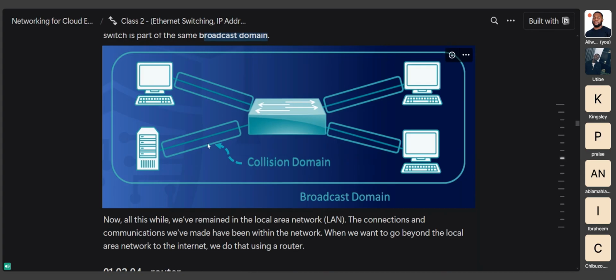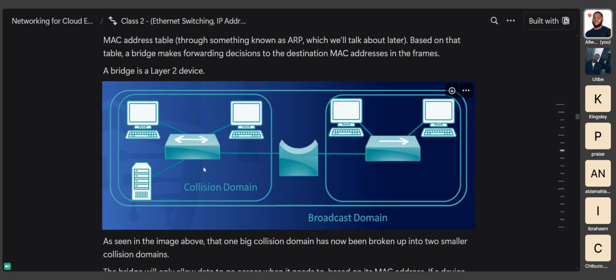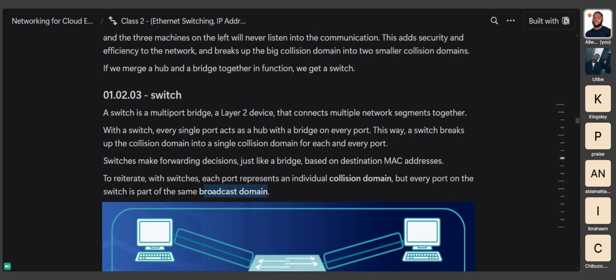Okay, what does that mean? This is what it means. Now imagine that same system that we had, right? Let me just go back. Here we had like 4 PCs and one server connected with 2 hubs and a bridge. Now in this case, we've deprecated the hub and the bridge because the switch is the 2 of them in one.